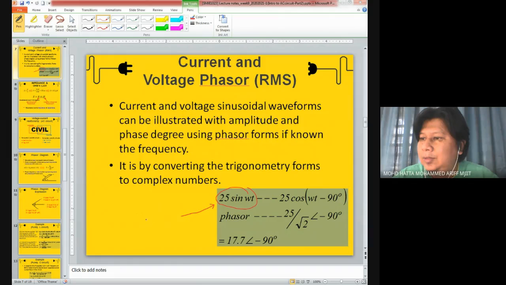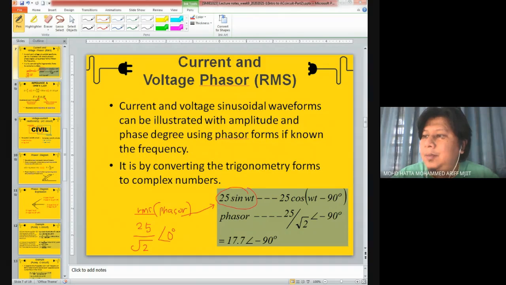In phasor form, with respect to the RMS value, it is given by 25 divided by square root of 2 with the angle of 0.